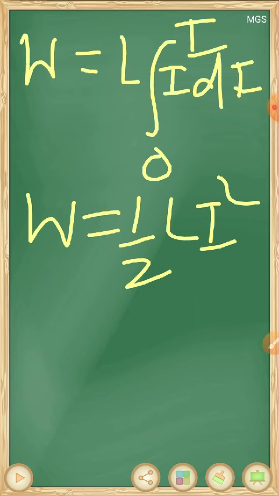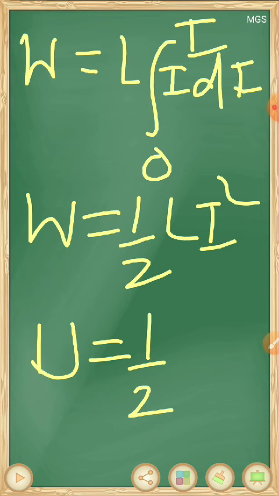This work done is stored as energy inside the inductor in the form of magnetic field. So expression for energy stored inside the inductor is half L I square.